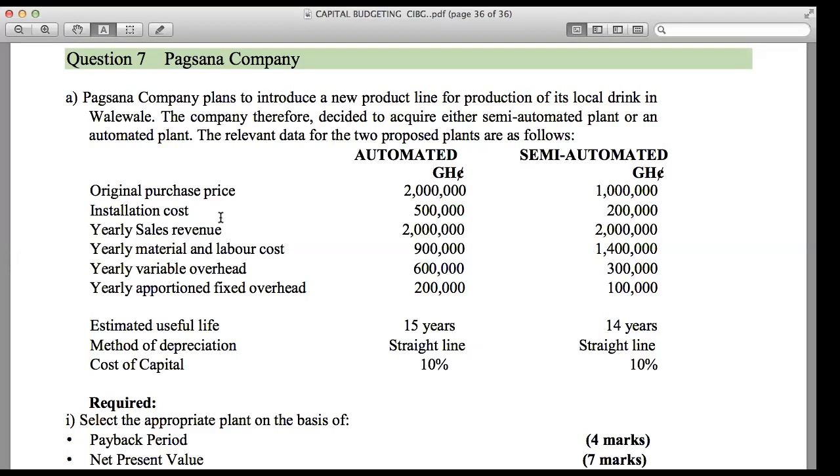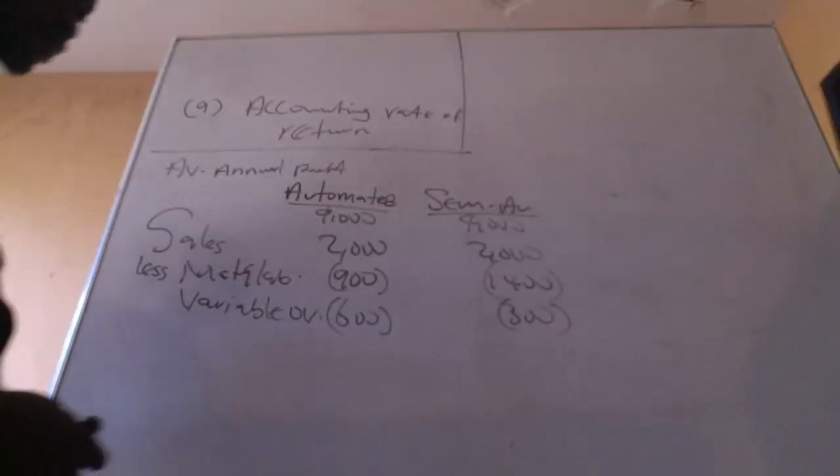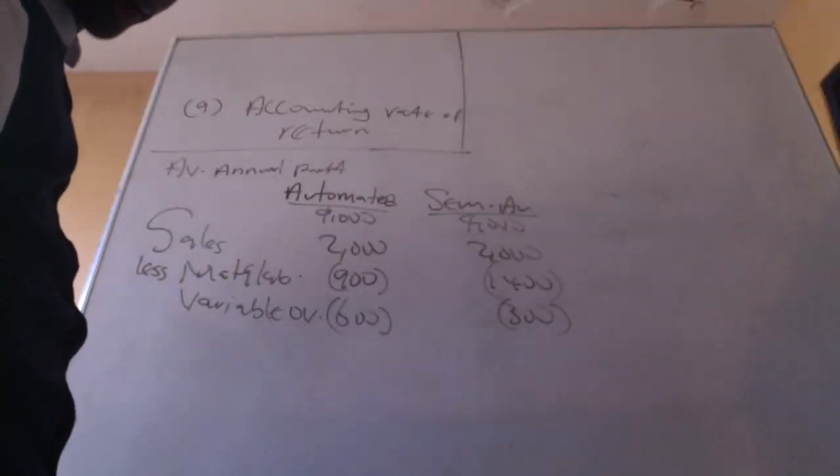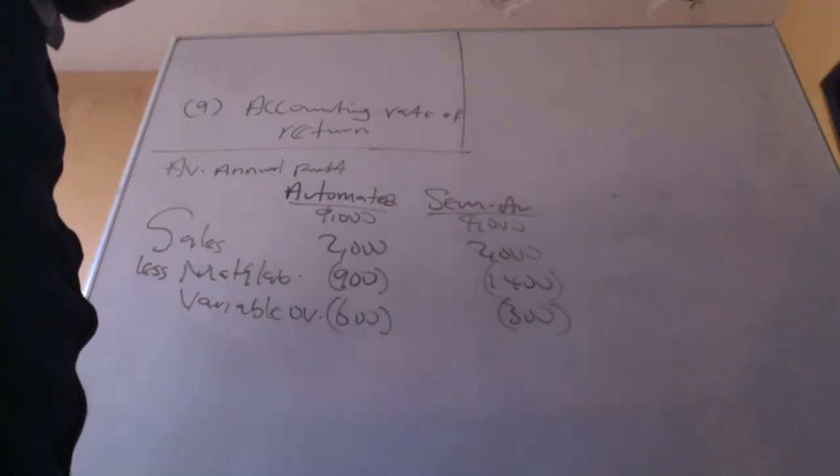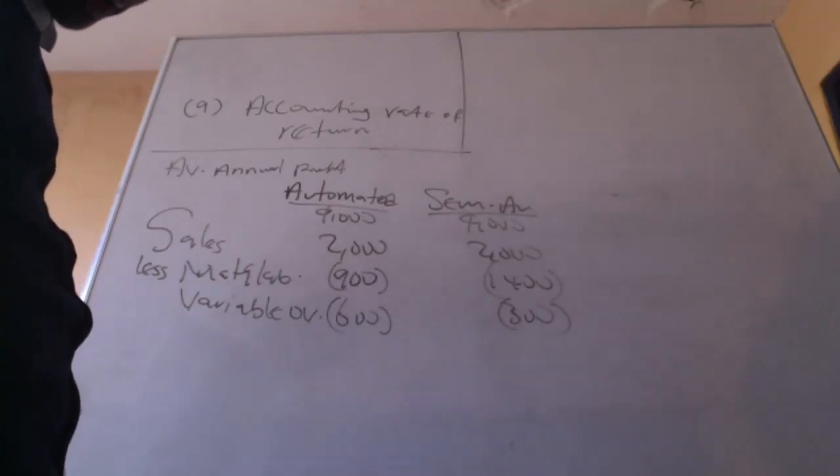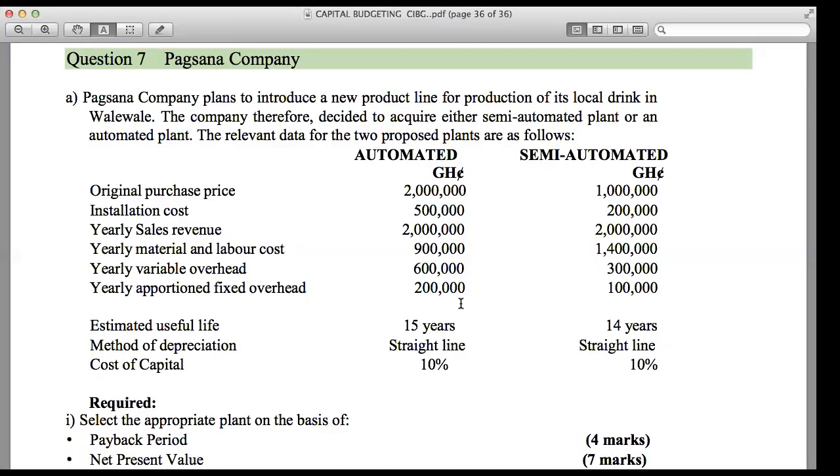Then finally, apportioned fixed cost, which is 200 and 100. Auto is 1,000. Let's see. 1,000, 1,000. Okay, the original. Which one? The 1,000, is it for the cost? Good.